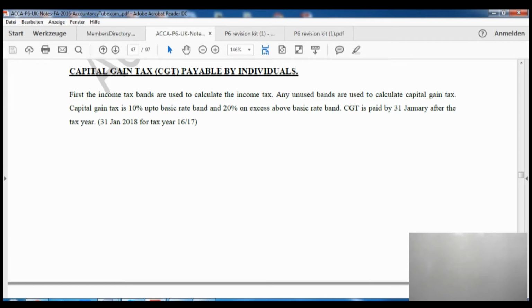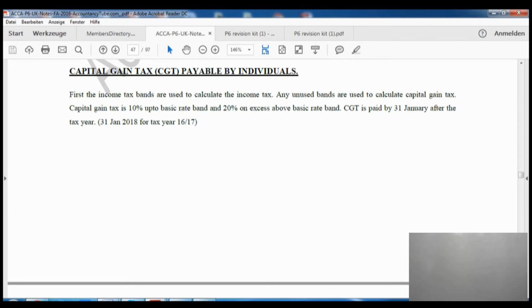But one thing about these basic rate band and the higher rate band: first they will be allotted to the income tax, and if anything is left, then we will consider the capital gains tax. So if we have employment income and capital gains, first employment income will use the basic rate band, then if there is anything left, capital gains tax will use the remaining bands.